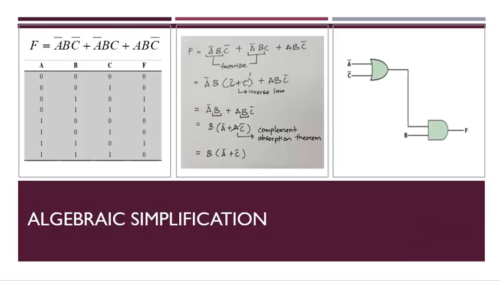Now let's take a look at an example of the algebraic simplification, how we want to simplify a Boolean expression using the algebra method. We take an example from the SOP previously: A bar B C bar, or A bar B C, or A B C bar.